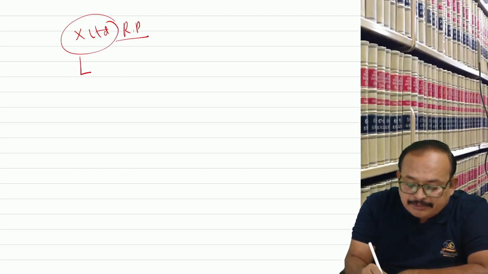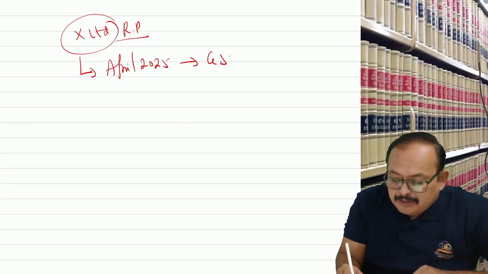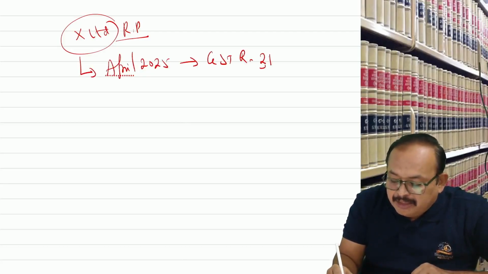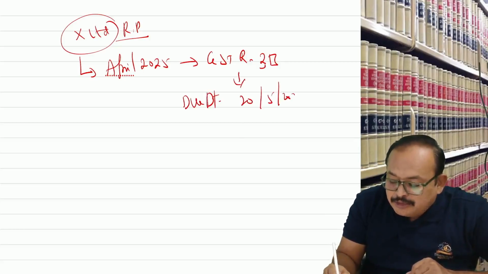For the month of April 2025, GSTR 3B due date, tell me. Due date 20th of May 2025.